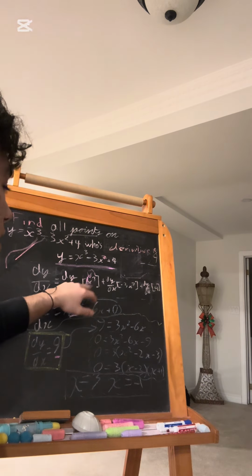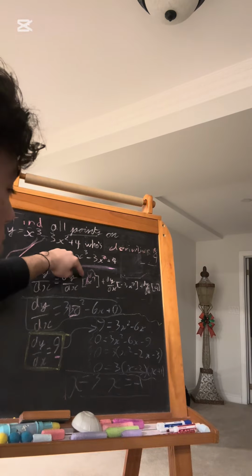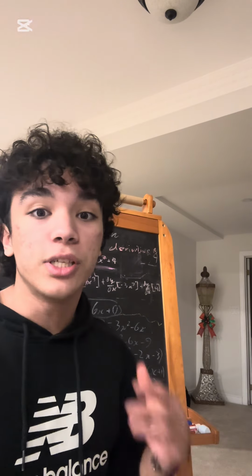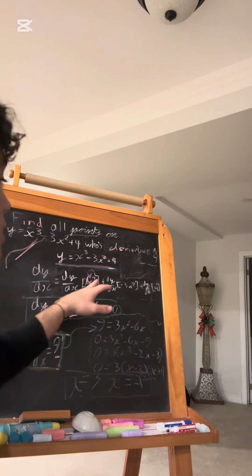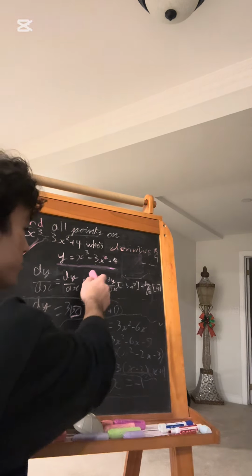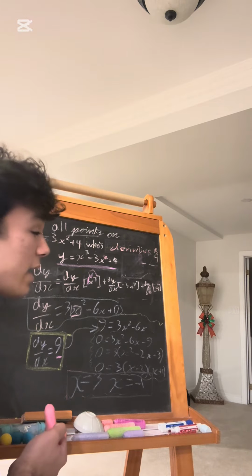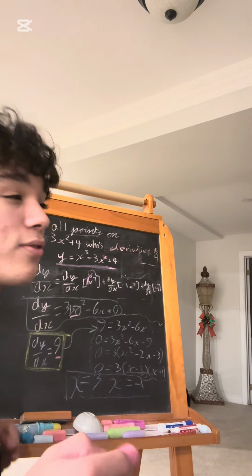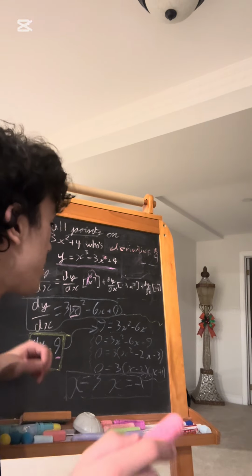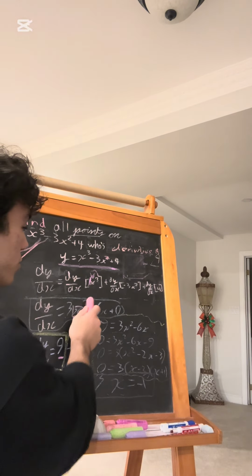When we derive x cubed, exponent rule: bring down the 3, times it by the coefficient, which is 1 in this case, and subtract 1 from the exponent itself. So 3 times 1 is 3, times x to the power of 3 minus 1, which is x squared. So 3x squared.